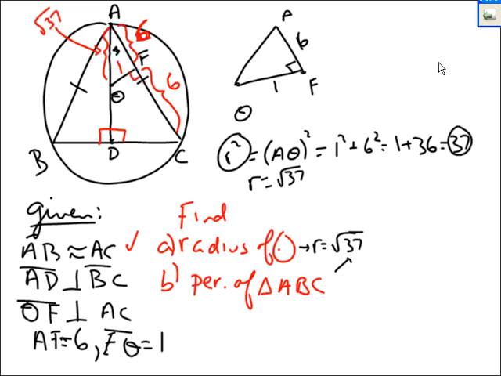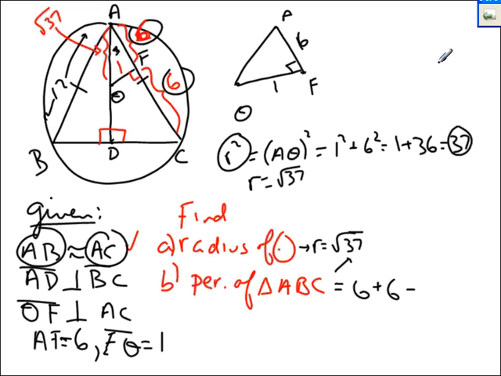Okay. So now what I know is, remember, AC is 12, so is AB. This whole length is 12. How did I get 12? 6 plus 6 is 12. I'm almost done. Now I need to find out BC.